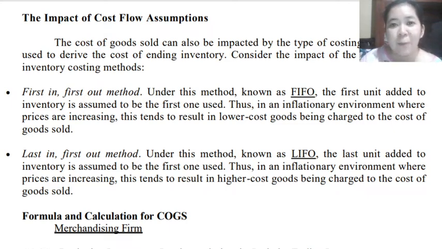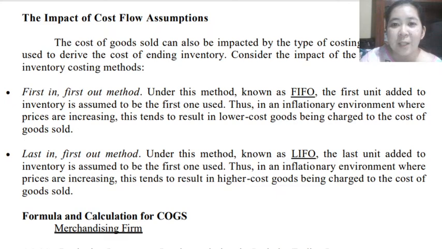For the last in, first out method, this is just the opposite of our FIFO method. In this case, the entity will first sell those items or inventory which were produced last. Those last items that were produced are the inventory that should be sold first.